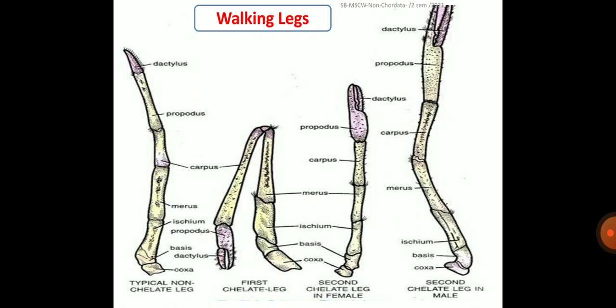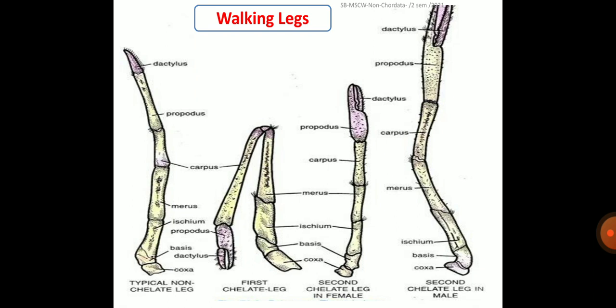So the third, fourth and fifth pairs of walking legs are called non-chelate. While in the first and second pairs of legs, the propodus is prolonged beyond its articulation with the dactylus, so that the two podomeres work one against the other like the blades of a pair of forceps, forming what is known as a chela, or pincer.